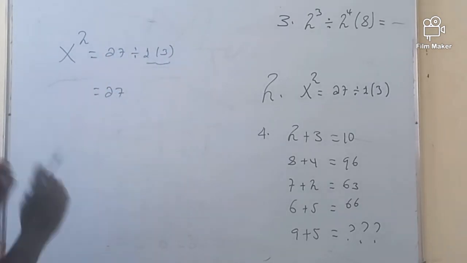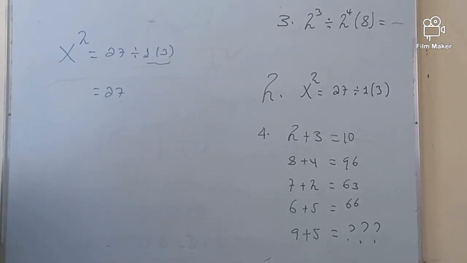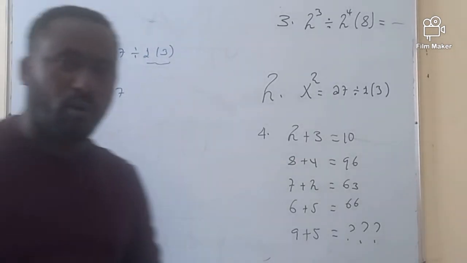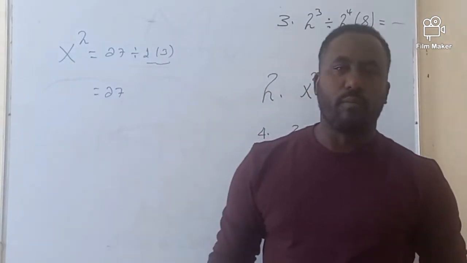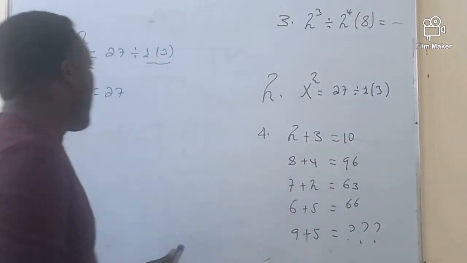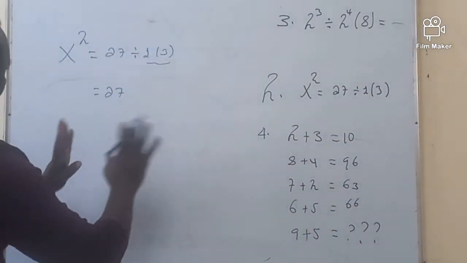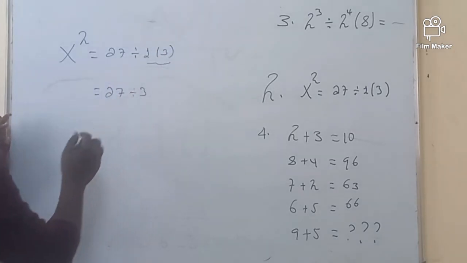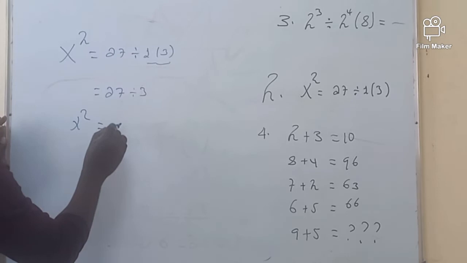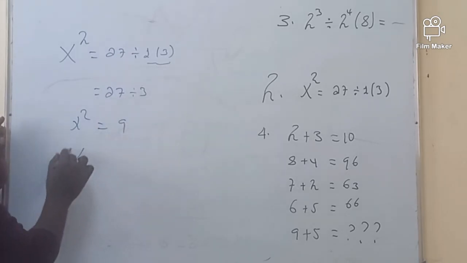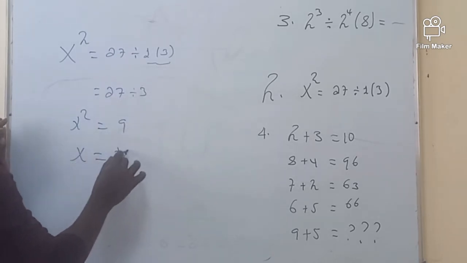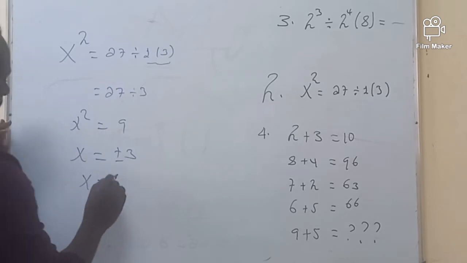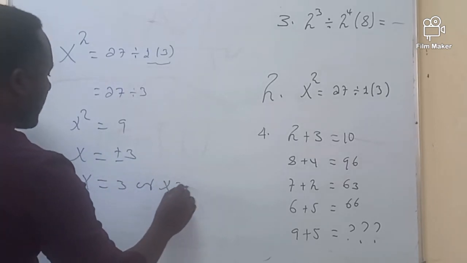In our previous video, I already showed many common mistakes that many people have made. So today, let me directly solve this problem. One time this is exactly 3, so x squared is going to be 9. Then x will be plus or minus 3, so x is either 3 or negative 3.